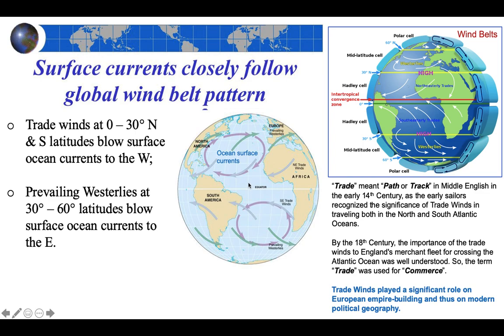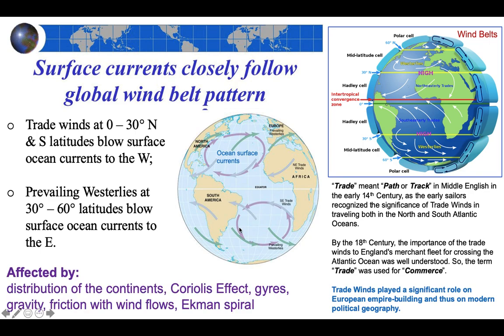So collectively, the trade winds and the westerlies set up these ocean surface currents in both hemispheres, and we will see very shortly that these two surface currents are part of a significant phenomenon that we call subtropical gyre system, and we have 5 of them in the global ocean system.